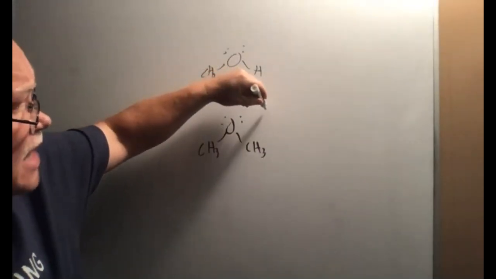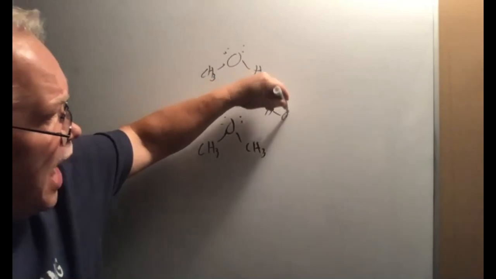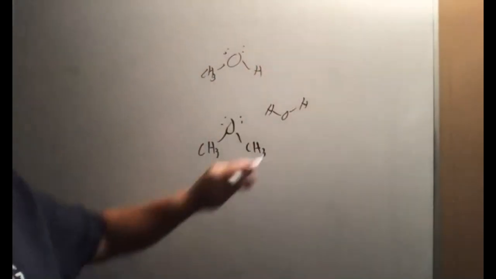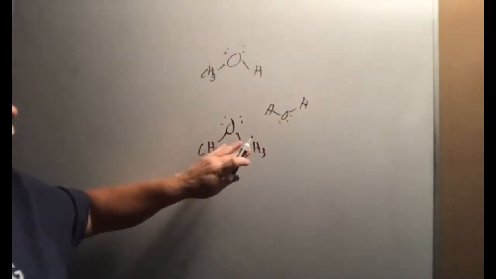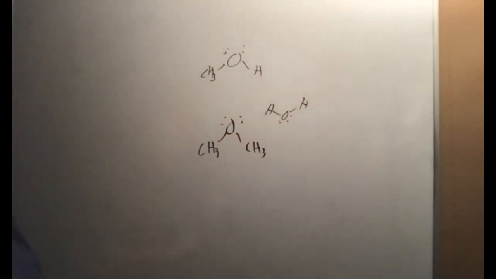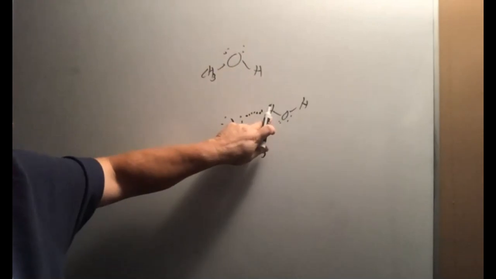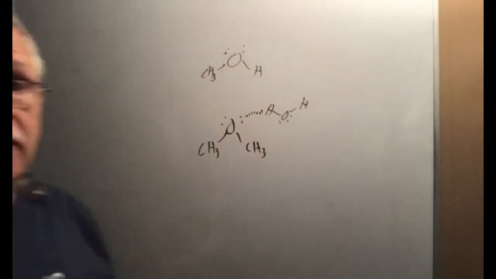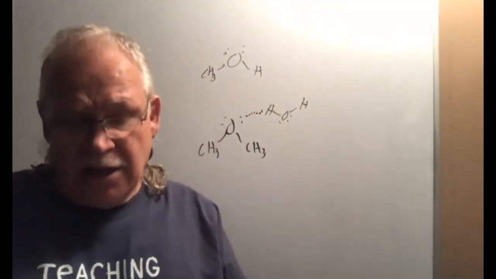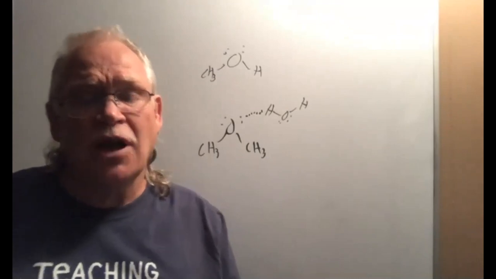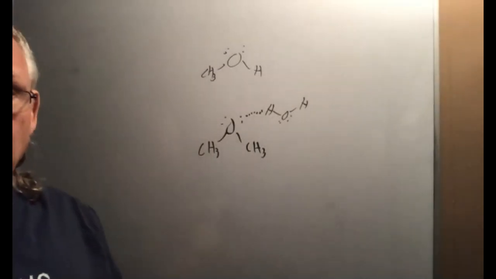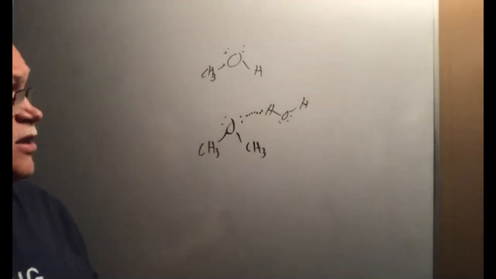So on the test, I could ask you to show how an ether will hydrogen bond with water. Although it has no hydrogen attached to the oxygen, notice it can still hydrogen bond. The hydrogen on the water can bond with the oxygen on the ether. This makes ether slightly soluble in water, okay, but not very soluble.